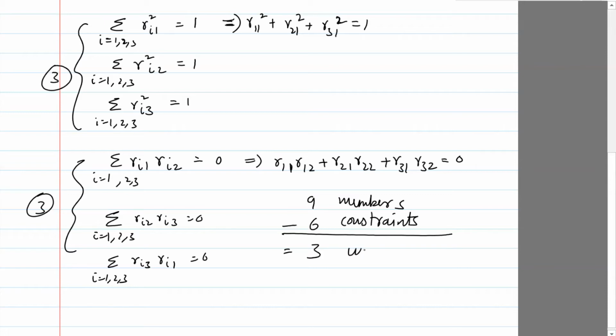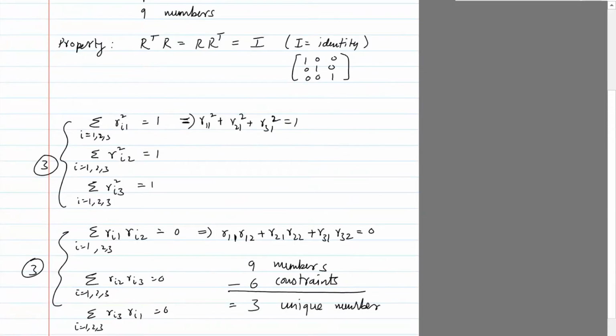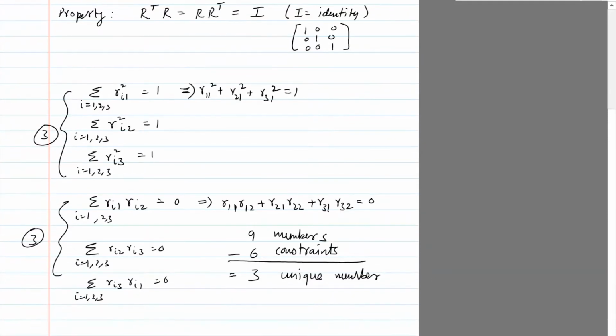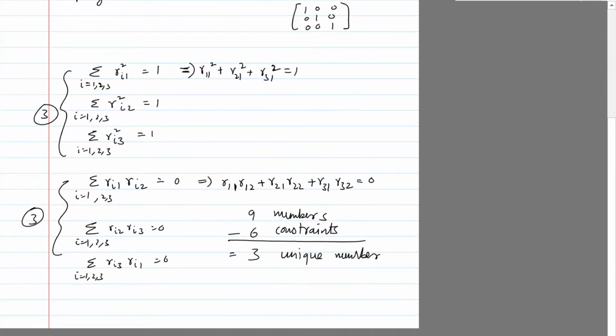So there are 3 unique numbers, which means that a rotation matrix doesn't have 9 numbers which need to be defined. You only need 3 numbers in order to define a rotation in 3 dimensions, for which we have many choices, which I'll talk about later, but it's not so complex as it looks. It's only 3 numbers which define a rotation matrix.